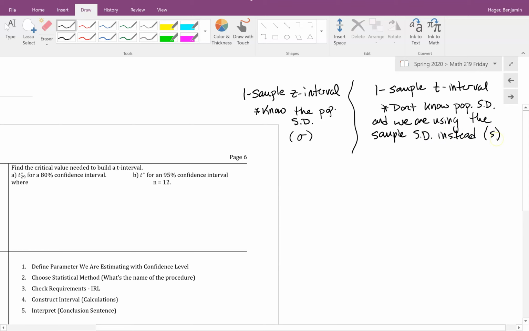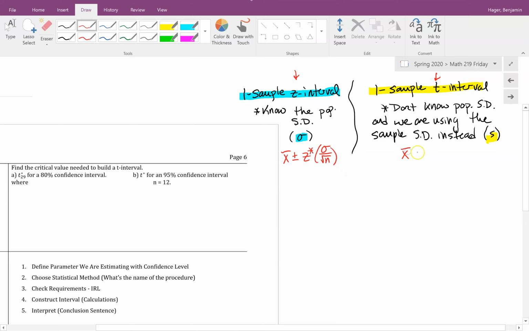So if you're having to use s, the sample standard deviation, then you are using a t-interval. If you know sigma, the population standard deviation, then go ahead and use a z-interval. Here you would consult a z-table, here you would consult a t-table, but the confidence interval itself is still going to be the same. Here it's going to be your sample mean plus or minus a bunch of standard deviations.